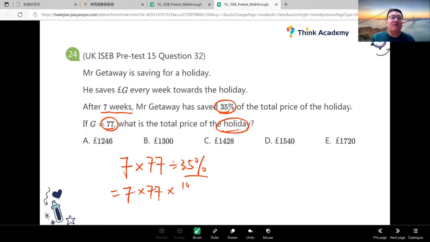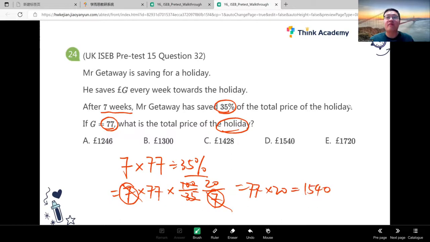So you times 100 over 35. And if you divide that by 5, you get 20 over 7. And you see this 7 will cancel out. So that equals 77 times 20. Which number, guys? 1540 pounds. So you choose D.